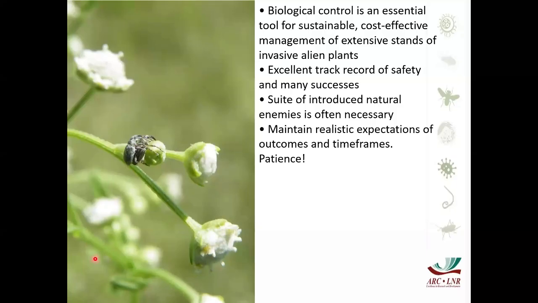And it's important to maintain realistic expectations of outcomes and timeframes. Patience is really an important thing. Some of the biocontrol agents may be released and are thought to have not established or have no impact, and a decade down the line, they suddenly become extremely abundant or common, and their impact seems to be more detectable.